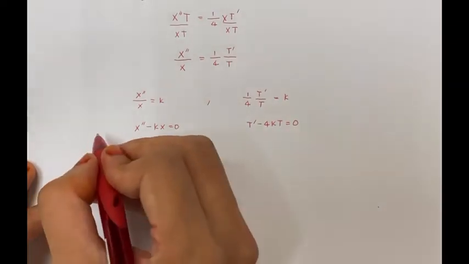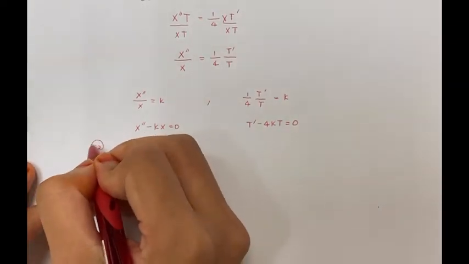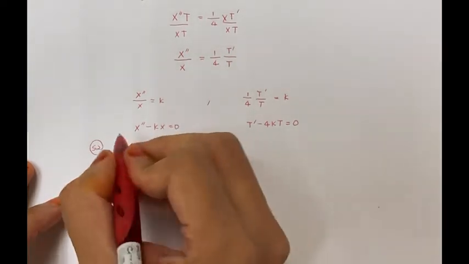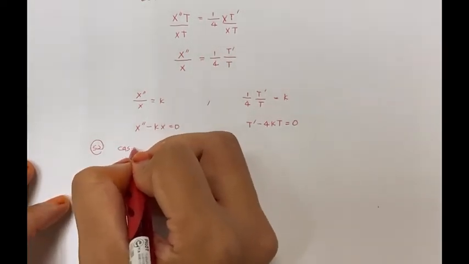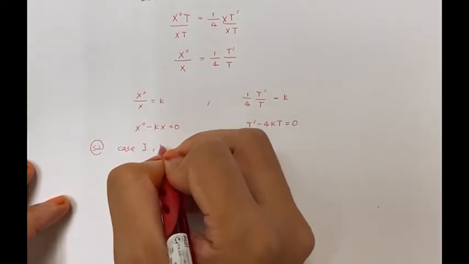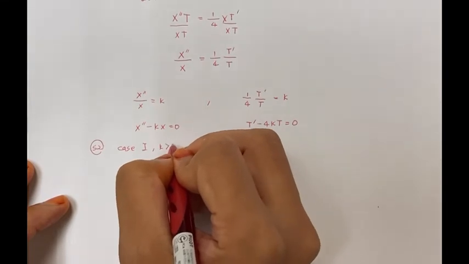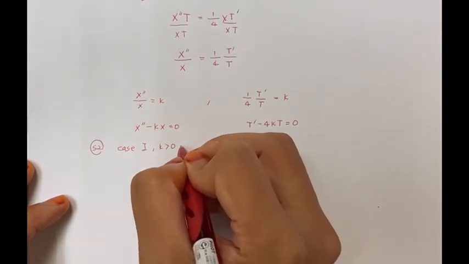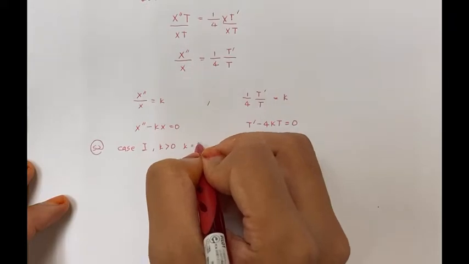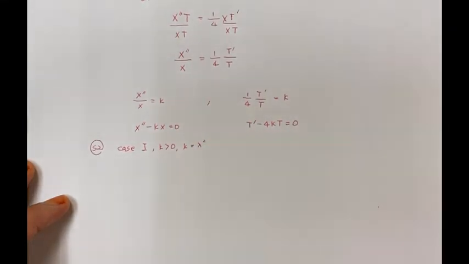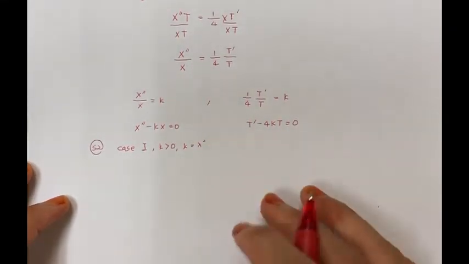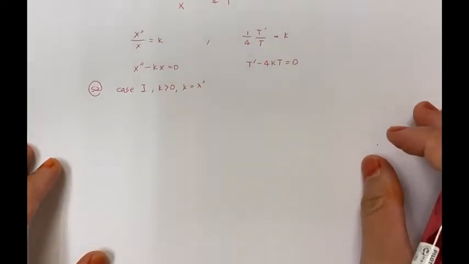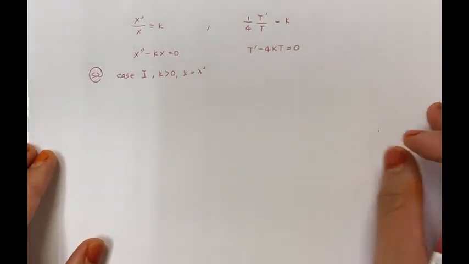Okay, and then second step. Consider the first case when k is positive, k greater than 0. So k is equal to lambda square. Substitute into both ODEs.